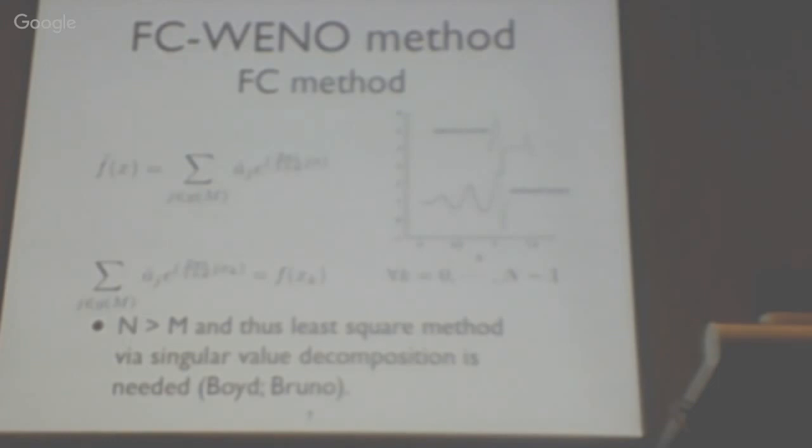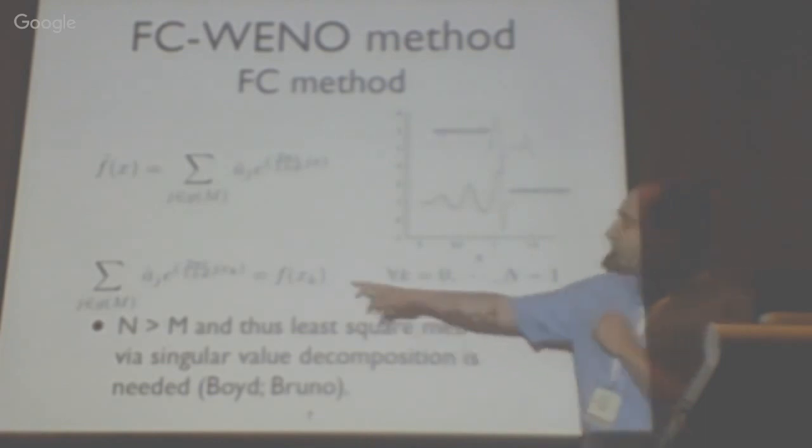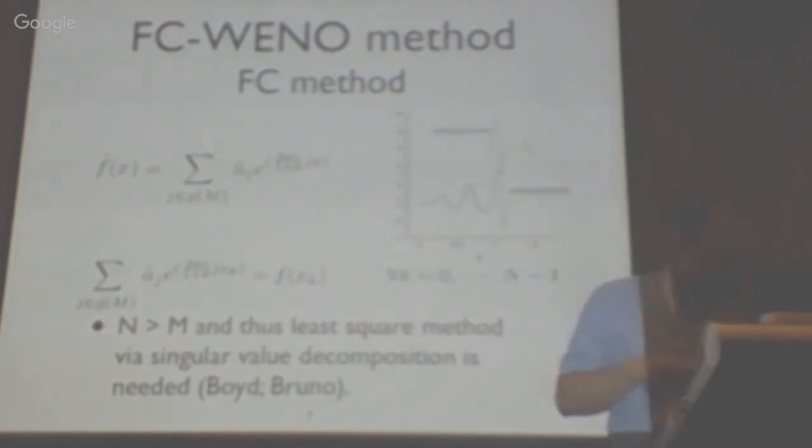Now, if you start calculating these a_j and forming that sum, you notice that to get an accurate solution, the number of nodes you need has to be larger than the number of Fourier modes. So the system you're solving here is an overdetermined system, okay? You've got fewer unknowns than the number of equations you have. How are you going to solve that?